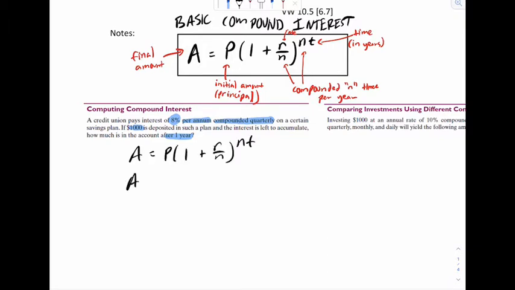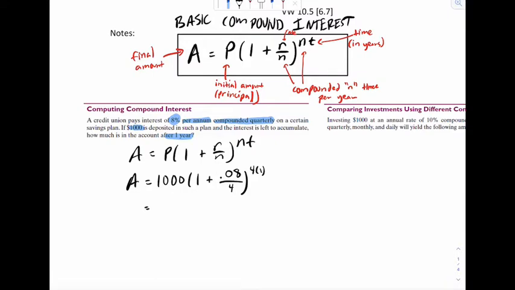Let's try to use that formula. A, we're looking for the final. We put $1,000 into the account. 1 plus, the rate is 8%, so convert that to a decimal, 0.08. Compounded quarterly, so that's every quarter, meaning 4. And carry the 4 up top. And this is 1 year. Then we have to calculate that.